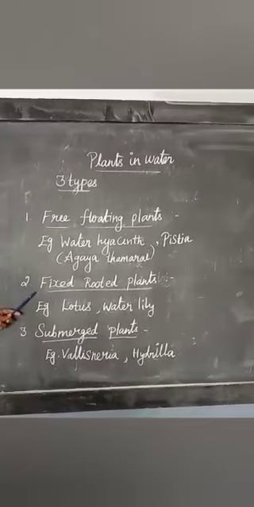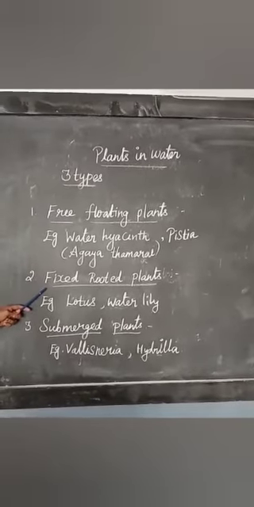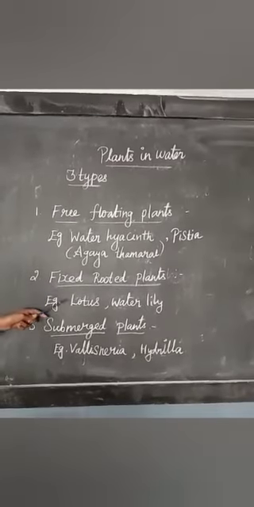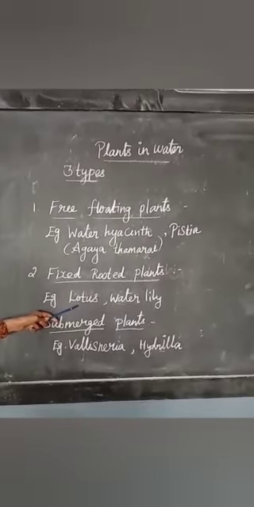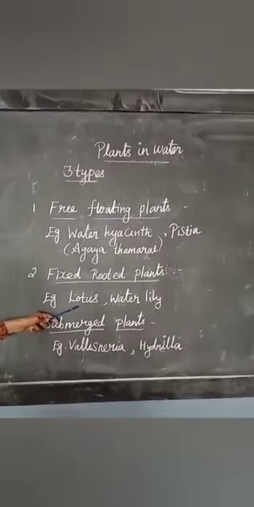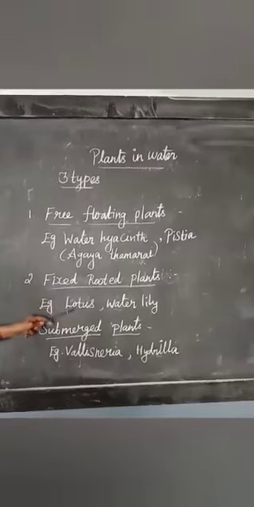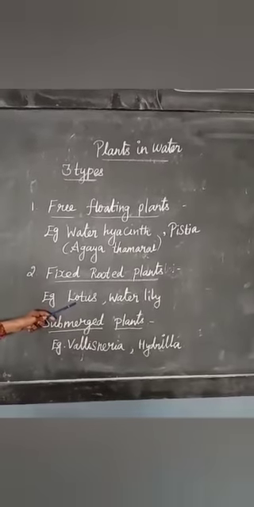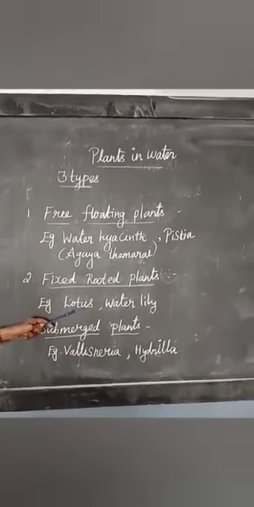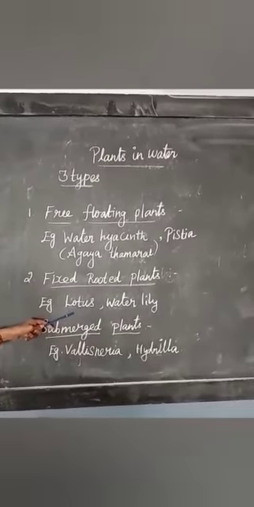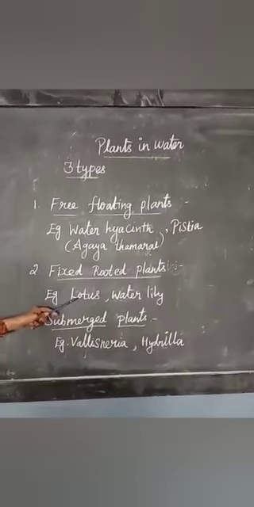Fixed rooted plants. These plants have roots which are fixed to the bottom of the pond. Example, lotus. In lotus the root is a tuber, which we can see at the bottom. Lotus root is very long. They have a long hollow stem to reach the surface of the water, and they have broad and waxy coated leaves.